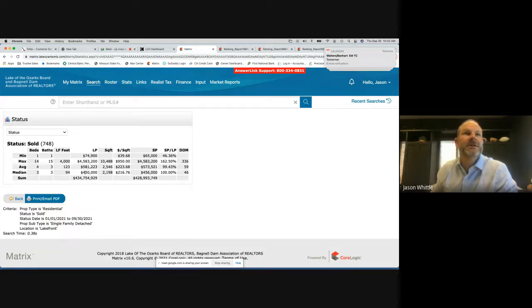So this tells you that the average list price of all the lakefront homes this year is 581,223. The average square feet is 2,546. The average price per square foot is 223, and then it gets into your sell price. SP is sell price. So that shows average list 581, average sale price 573.